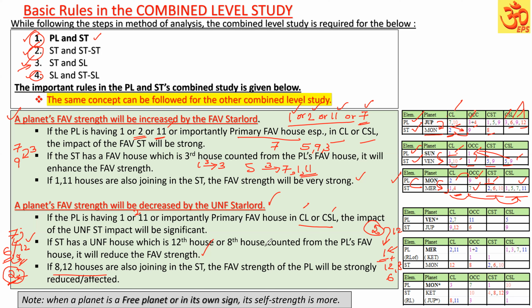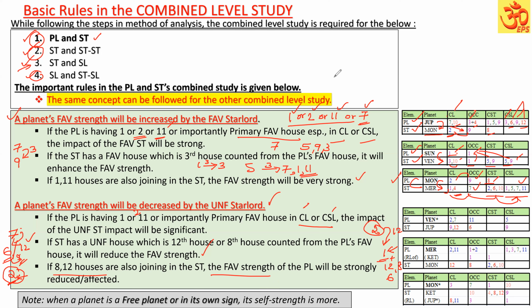These houses, which I was telling, are unfavorable houses to the event. If the 8th house and 12th house are also joining in the star lord apart from these houses, the favorable strength of the planet will be strongly reduced or affected.